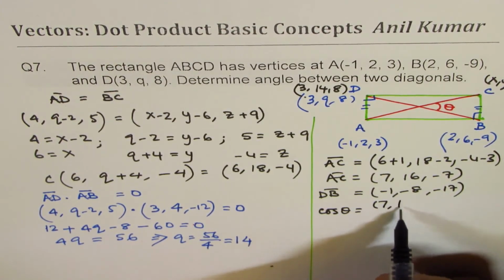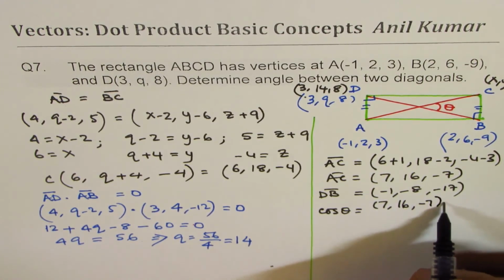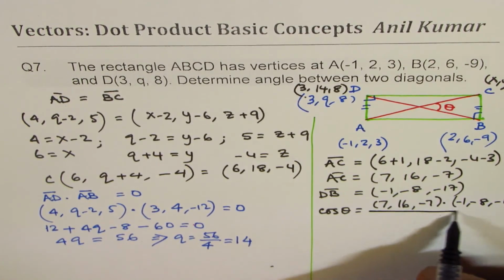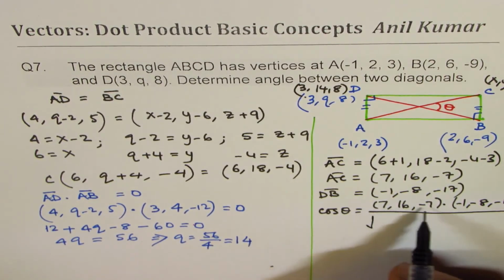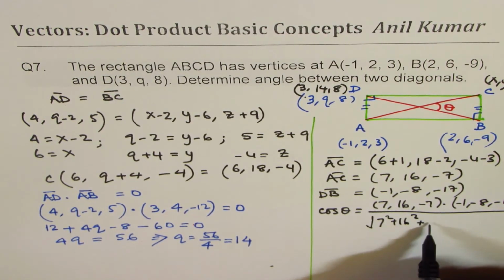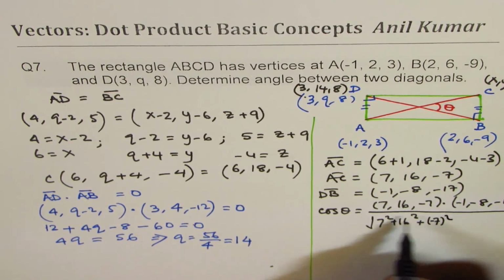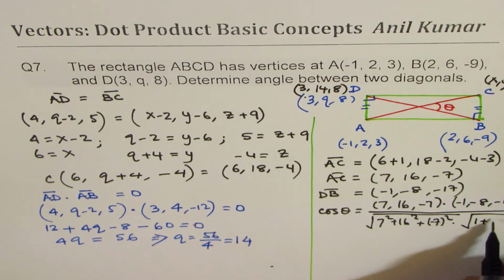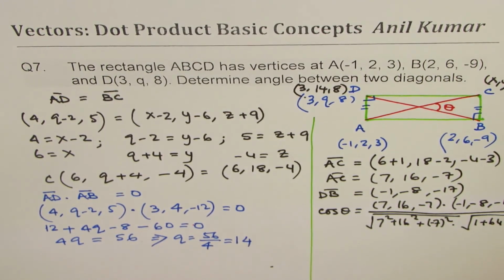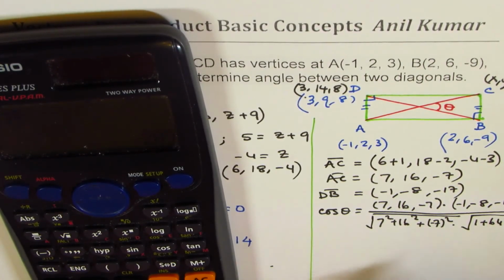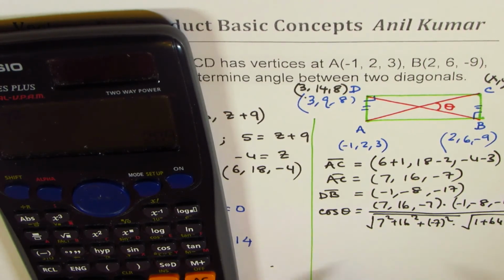So let me write 7, 16, minus 7 dot minus 1, minus 8, minus 17, divided by the magnitudes of these, which is 7 squared plus 16 squared plus minus 7 squared, times 1, 64 and 17 squared, 289. Correct? So that becomes the cos theta part.